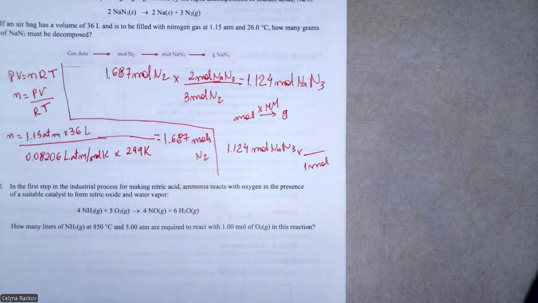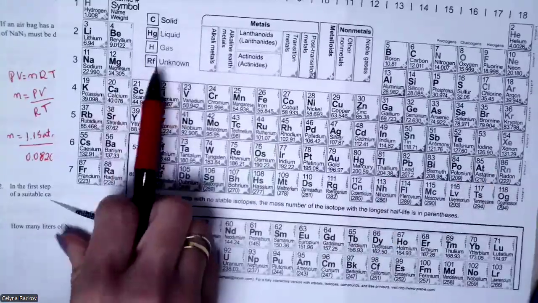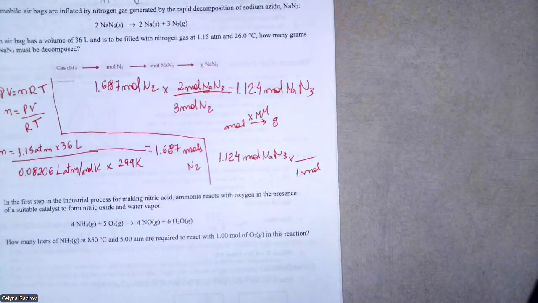What's the molar mass for sodium? Sodium is around 23. For nitrogen, the molar mass is 14, and we have 3 nitrogens, so 14 times 3 plus 23.